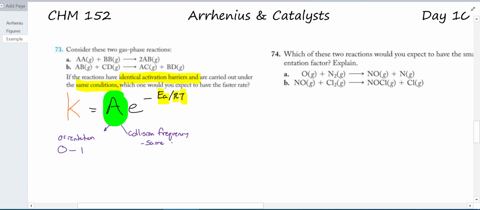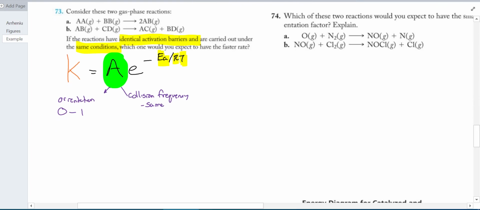So let's talk about the orientation factor. If we look at A bonded to A, and B bonded to B, no matter how AA and BB hit, green and blue are finding each other.